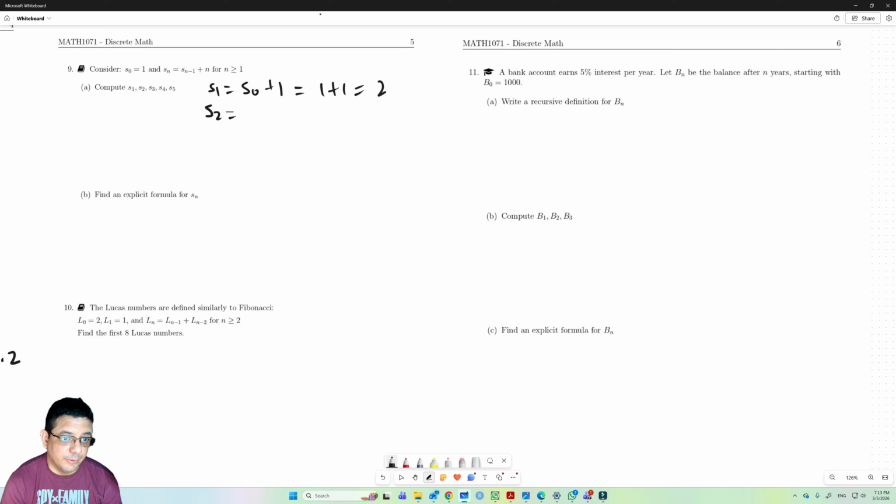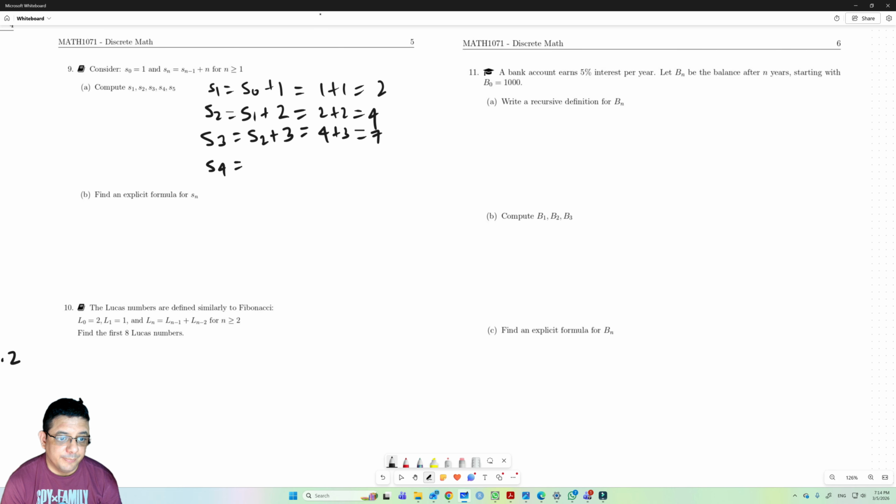Now, S of 2 is just going to be S of 1 plus 2. So we're using the index here. So we're going to have 2 plus 2. This is 4. S of 3, then we're going to have S of 2 plus 3, which is 4 plus 3, 7.